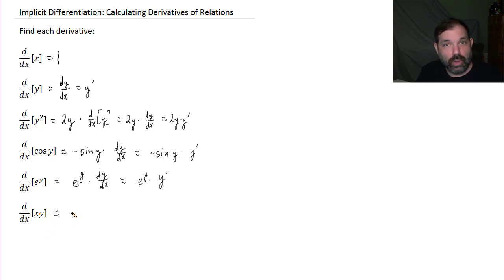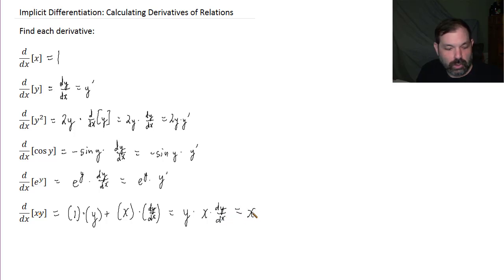So I'd have the derivative with respect to x of x, which is 1, then I'd leave the y alone, plus I leave the x alone, and then I find the derivative with respect to x of y, so dy dx. So I could write this as y plus x times dy dx, or y plus x y prime.